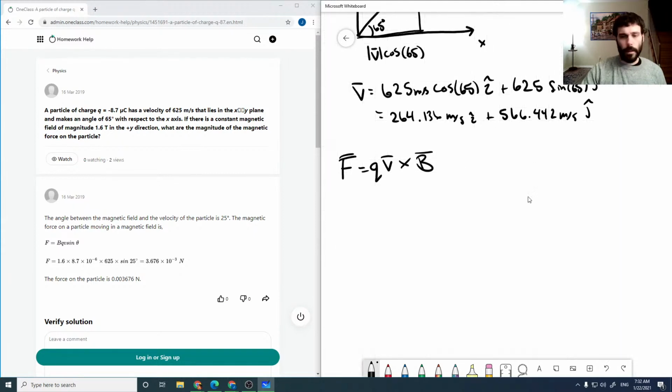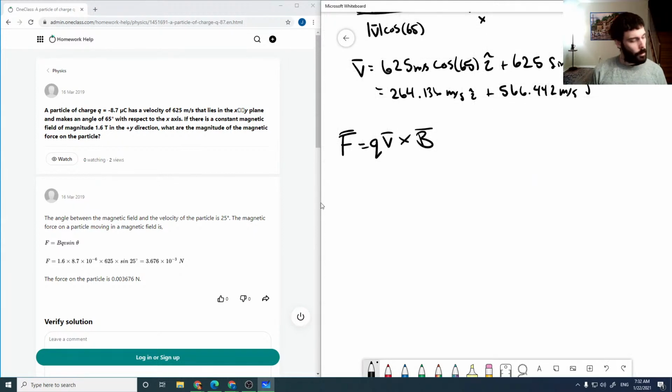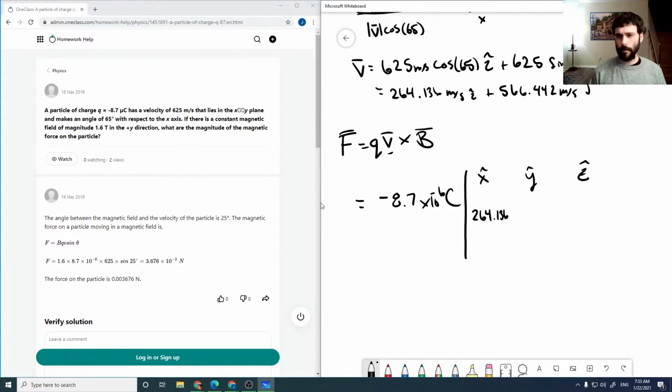The way that I usually remember to do this is with determinants. So this is minus 8.7 times 10 to the minus 6 coulomb. And the way you do this with determinants is by having our x, y, z, and then you place the velocity in here: 264.136 meters per second, 566.442, and 0.